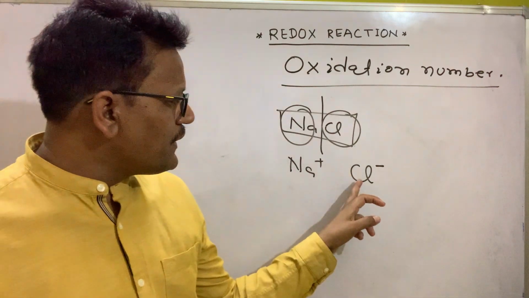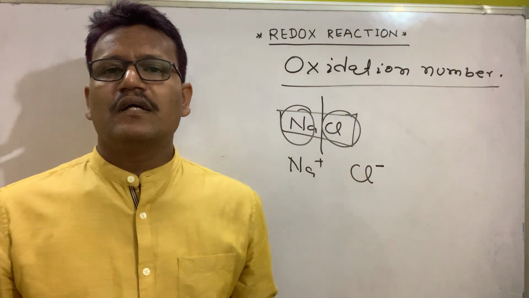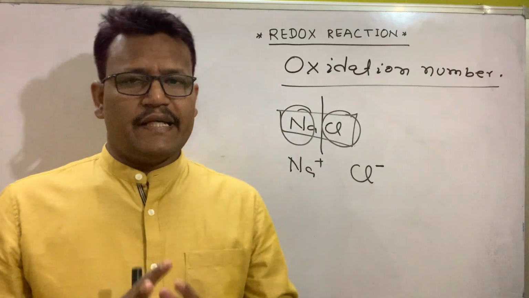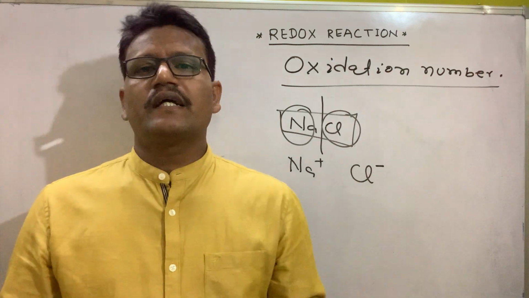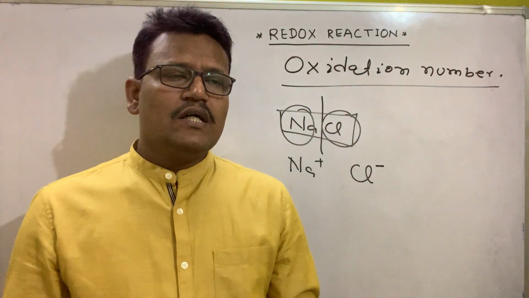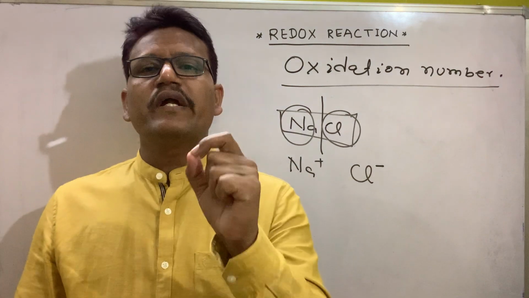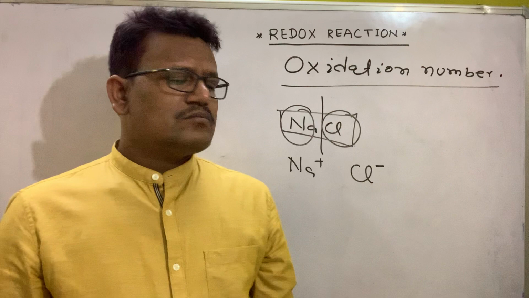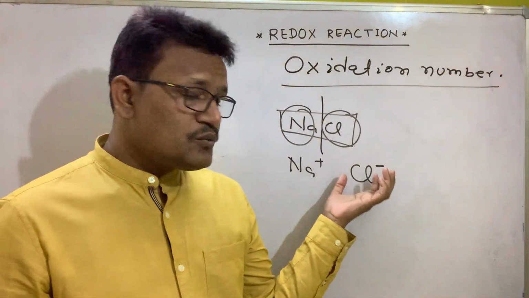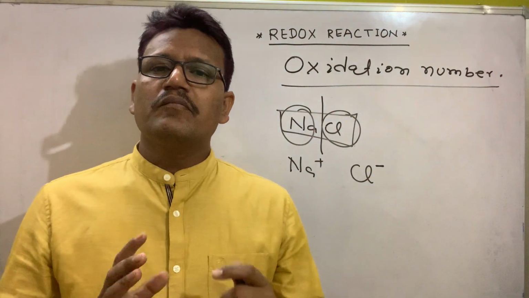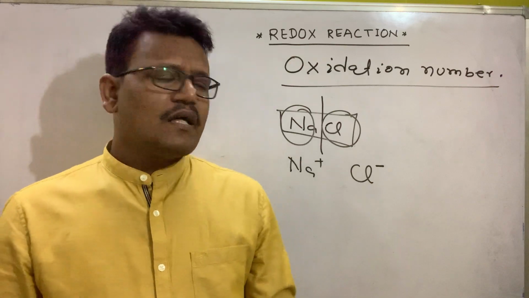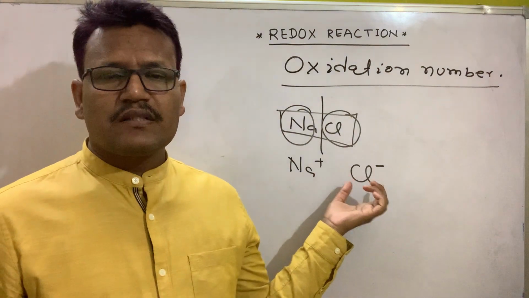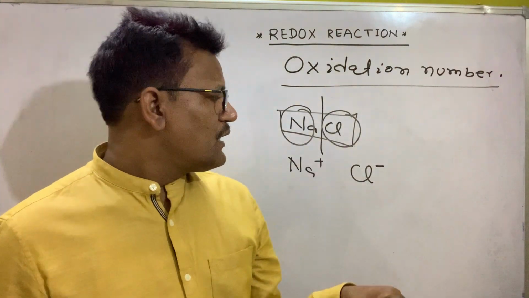So chlorine has 7 electrons in its outermost shell, and to have 8 electrons in its outermost shell, chlorine has to take 1 electron from another element. Chlorine is a nonmetal, and a nonmetal has a tendency to accept electrons, so chlorine forms an anion, that is an atom with negative charge.